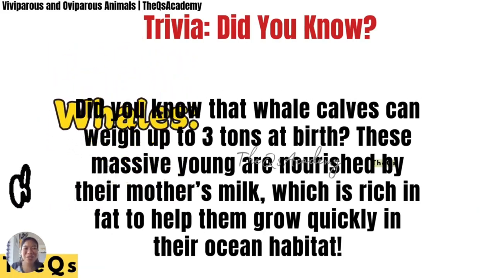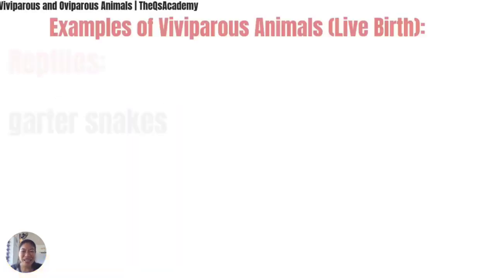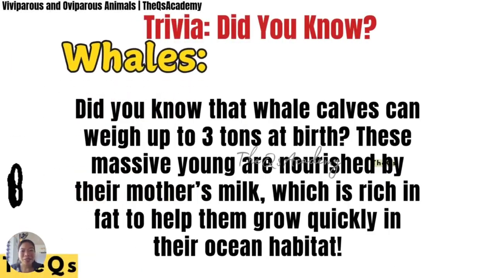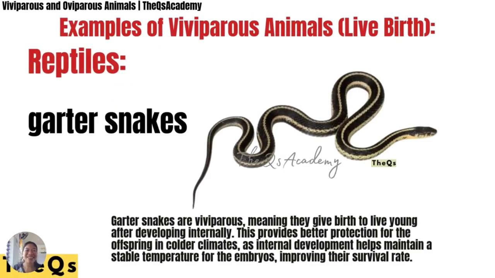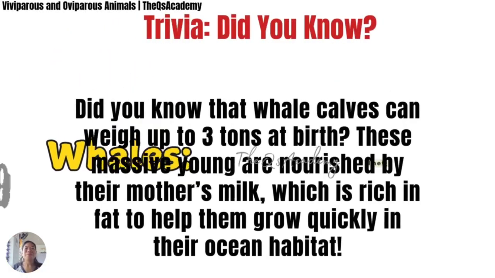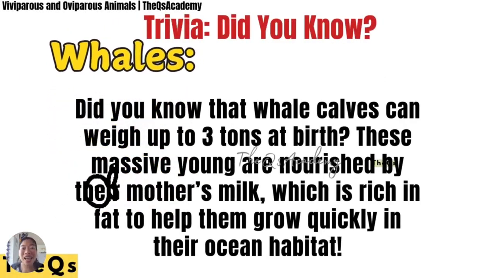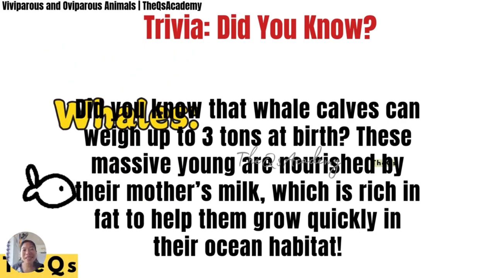Oh, we have another trivia. Did you know that whale calves can weigh up to 3 tons at birth? These massive young are nourished by their mother's milk, which is rich in fat, to help them grow quickly in their ocean habitat.